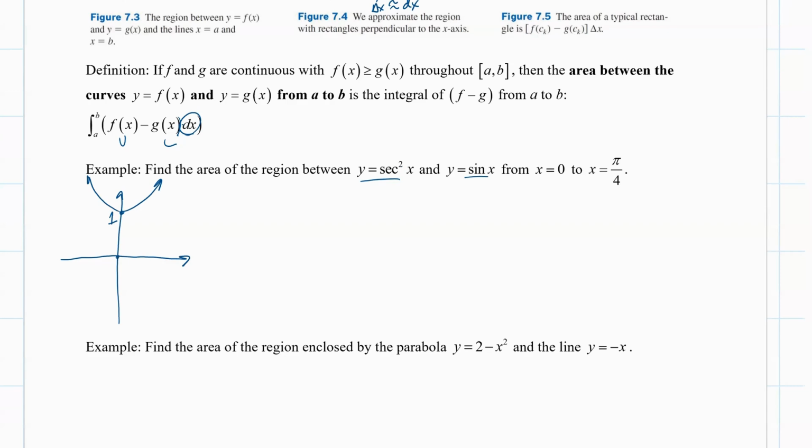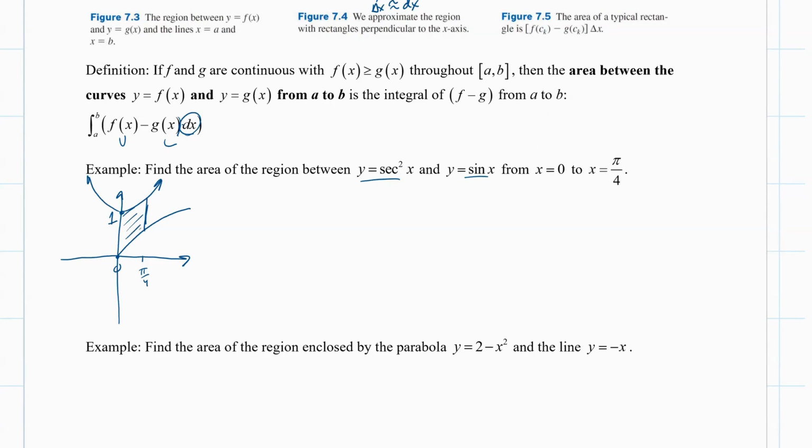The sine curve starts here and then makes its way, no, it doesn't go that high, it goes up to 1. And if we're talking about going from 0 to pi over 4, we're essentially talking about this space in here.